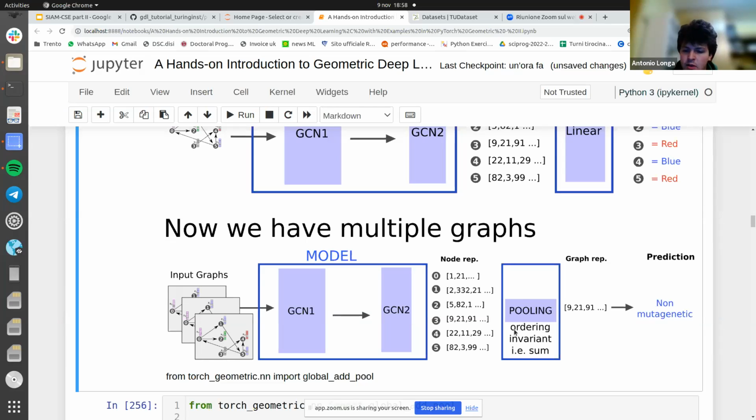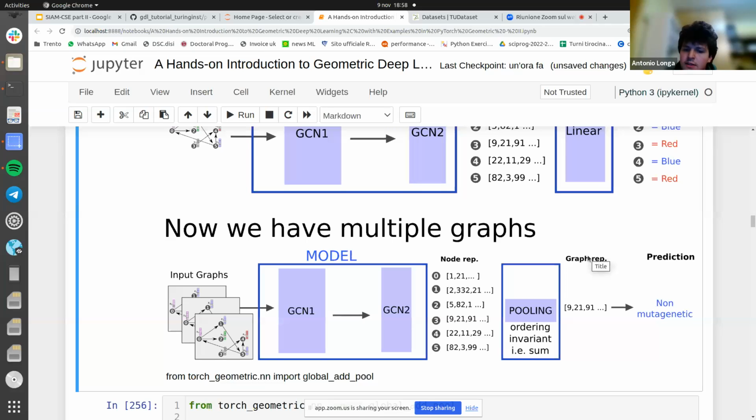So first of all, it is an ordering invariant function, for instance, again, the sum or the average. And what does it do? Basically, it compresses all of those node representations into a unique graph representation. And then you can apply your prediction.